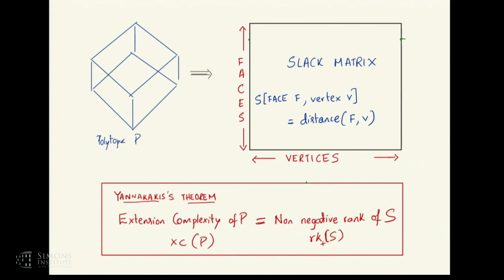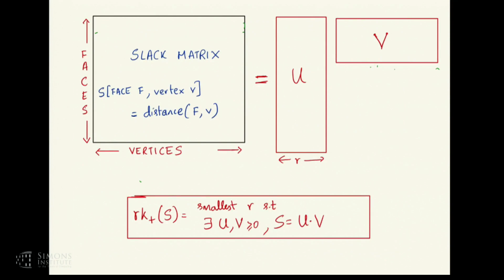So just so we are all on the same page, given the slack matrix, the non-negative rank of the matrix is the smallest R such that the matrix admits a factorization like this, a long skinny matrix and a thin matrix, where S is equal to U times V. Typically if you just minimize R such that S is equal to U times V, you get the rank of the matrix.